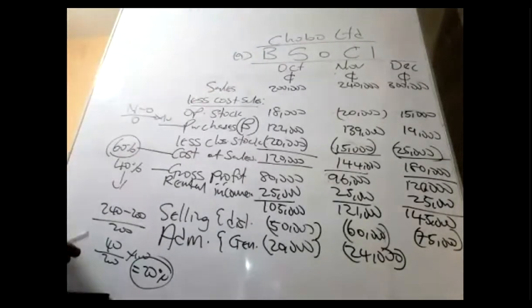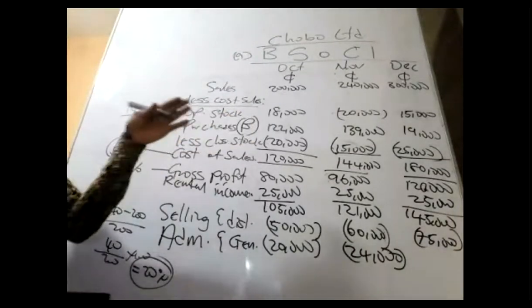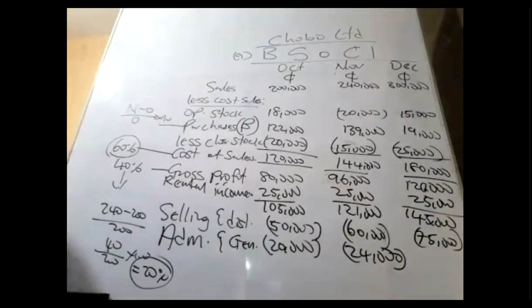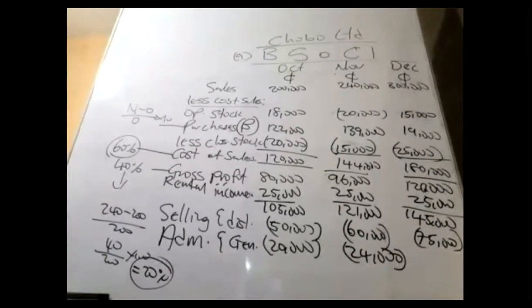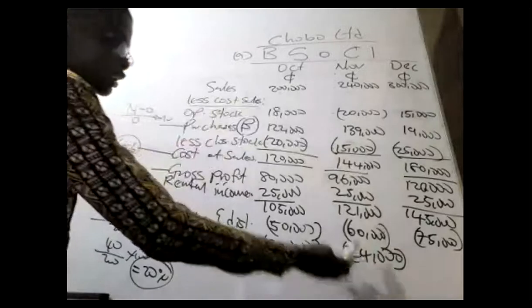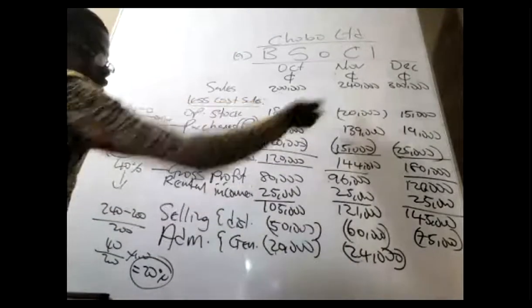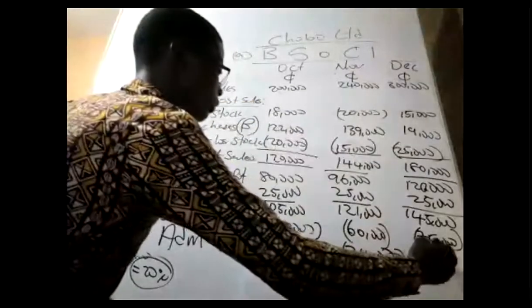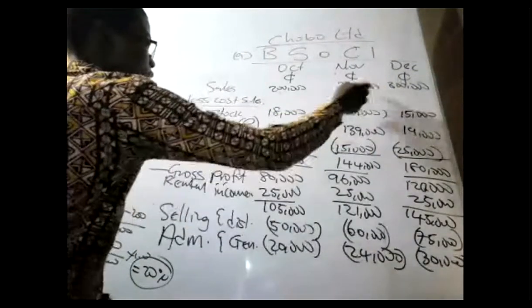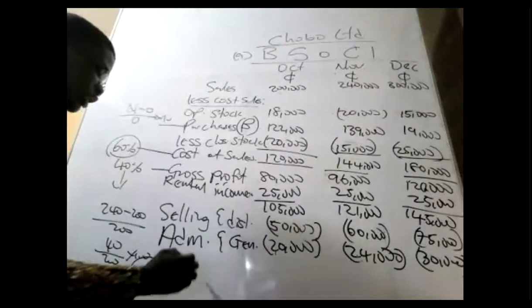Find the increment from November to December. Growth in sales from November to December. Now it will be the difference, 60 over 240 times 100. Yes. Now let me give you a shortcut. The first figure here is the same as 200, 240 is the same as 24. This one should also be 30. In fact, if we check, the increment was 25%.